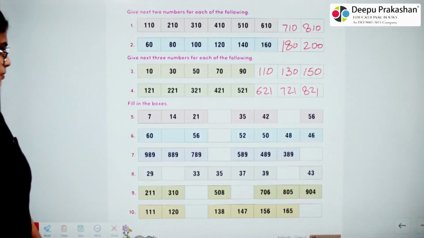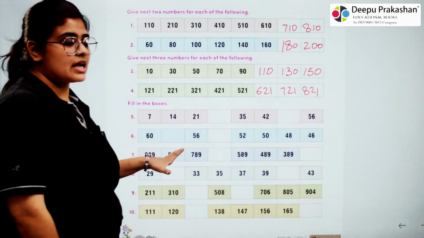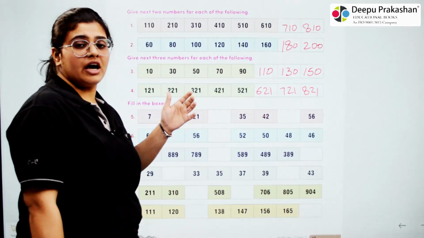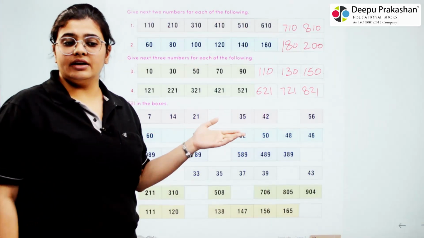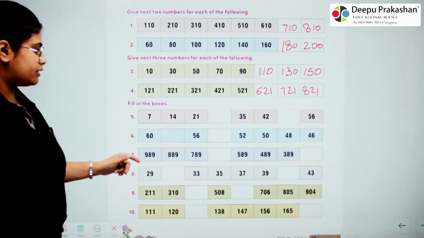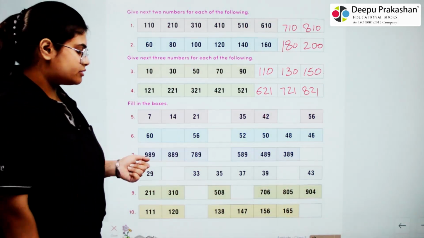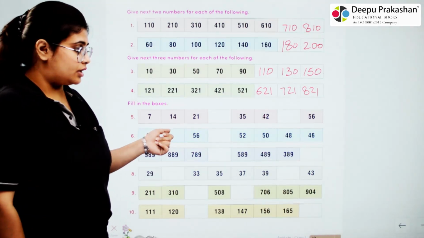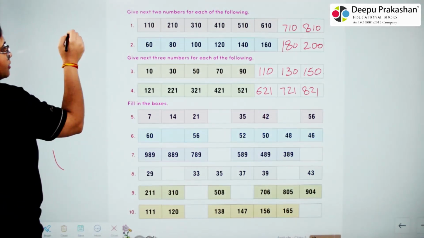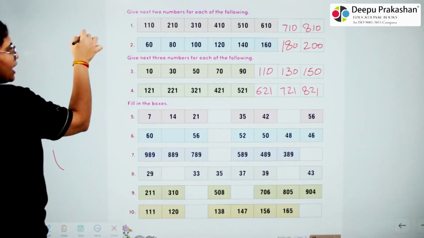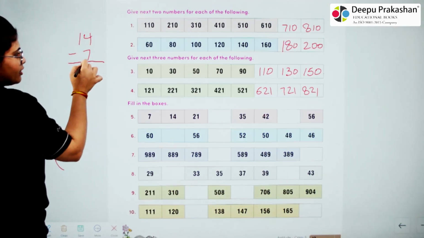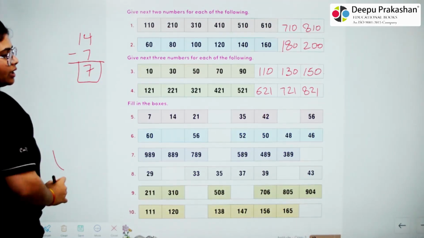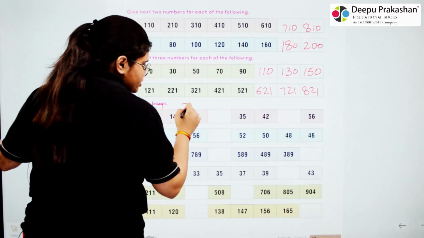Filling the boxes. Here we are given the series and some missing blanks. So we have to look at the series and try to find the answer. Fifth, we are given 7, 14, 21. So if we subtract 7 from 14, we will get the answer as 7. That means there is a difference of 7.